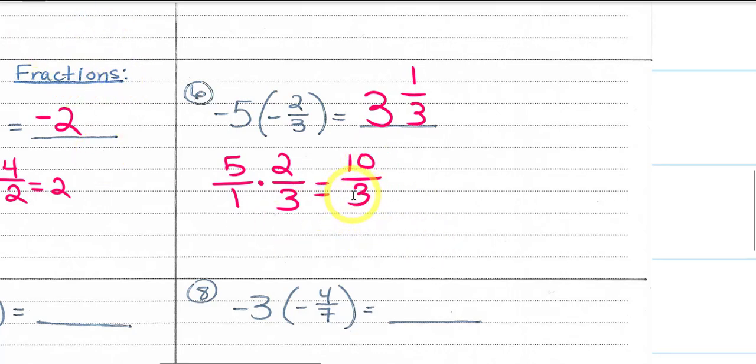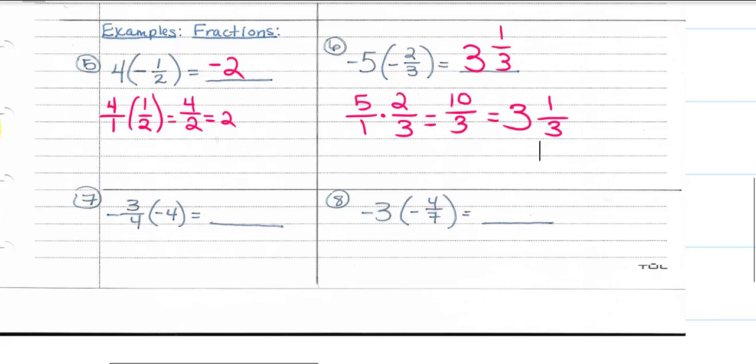Well, how many times can I take 3 out of 10? I can take 3 groups of 3 out of 10, which would be 3 times 3, that's 9. What's the difference from 9 to 10? There's 1. That's my numerator. And your denominator will always stay the same. So 3 and 1/3 is the answer to number 6.